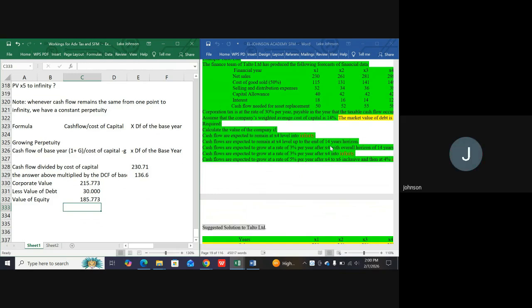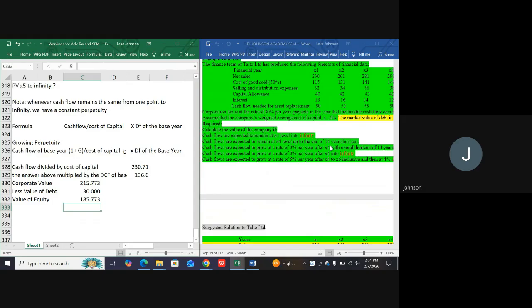Is there anybody that wants to try? Constant perpetuity. No. Perpetuity is only used when something is going to infinity. Do you understand?